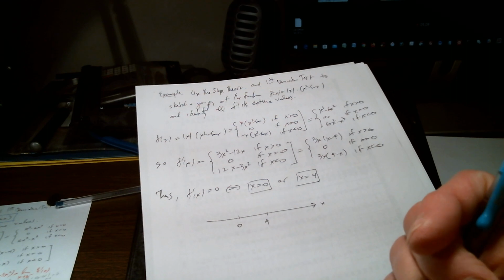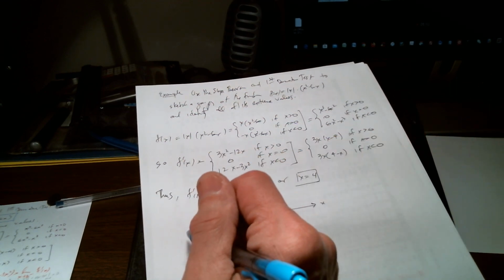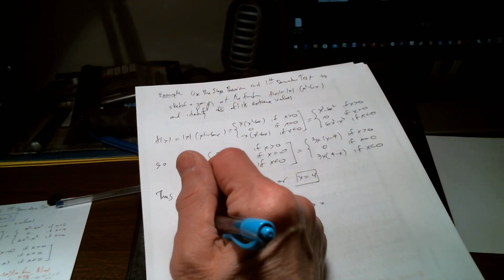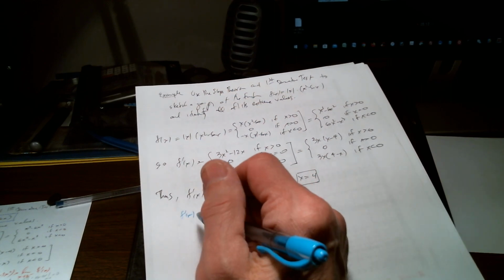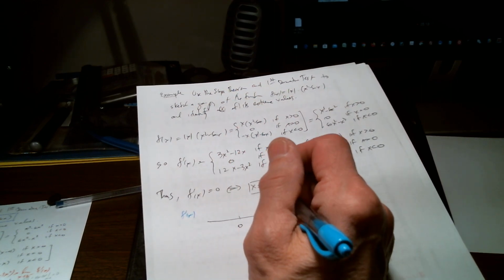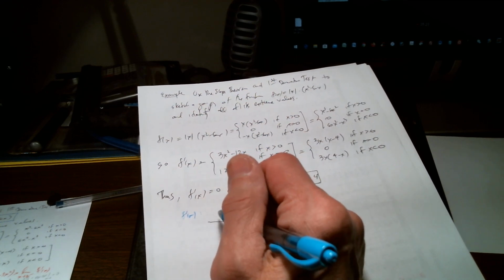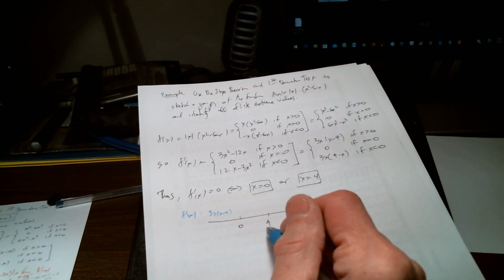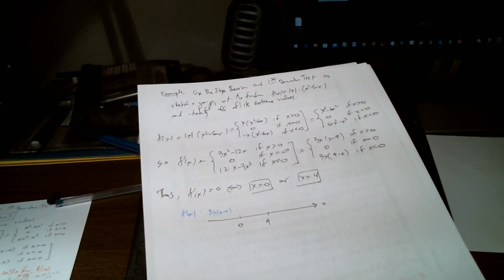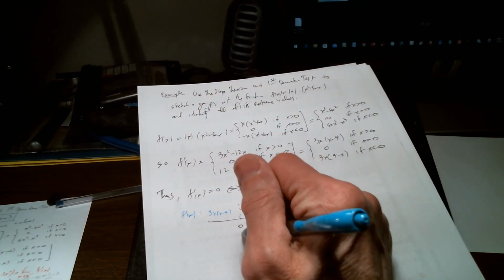So we notice that with respect to f prime of x, it's defined to be 3x times 4 minus x when x is negative, on this interval here.